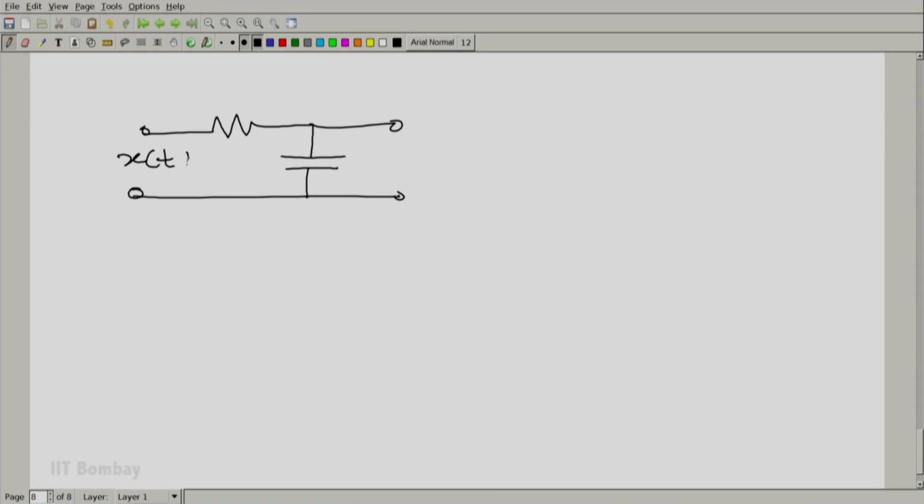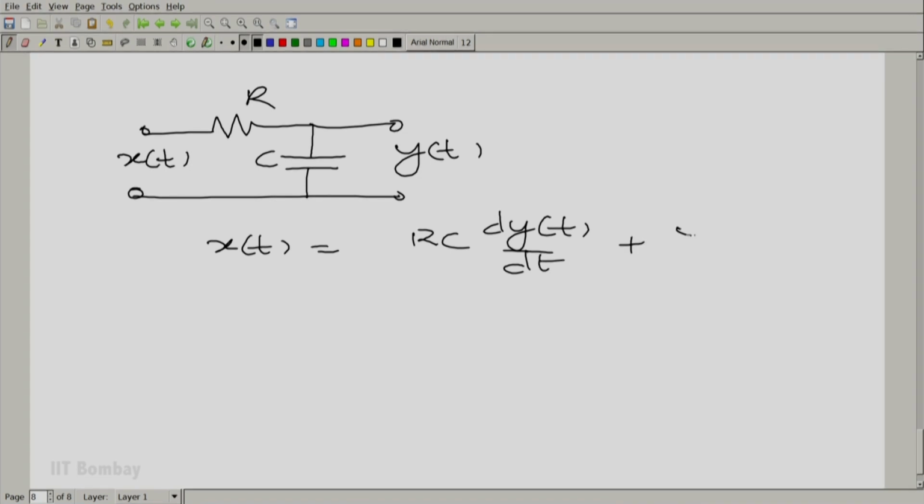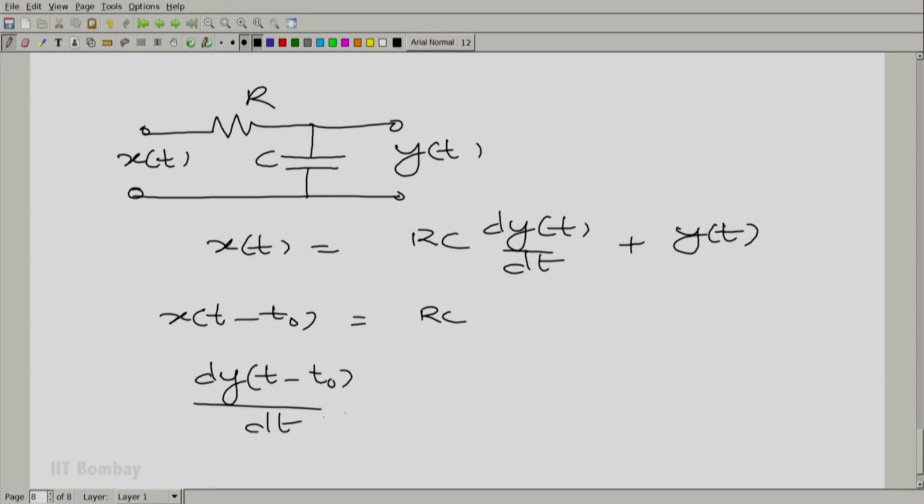Remember, if this were x(t) and y(t), the system description, we will just quickly write it again, is x(t) is RC dy(t)/dt plus y(t). And then x(t minus t0) is clearly produced by y(t minus t0), because you will realize that dy(t minus t0)/dt is the same as dy(lambda)/d lambda with lambda substituted by t minus t0.